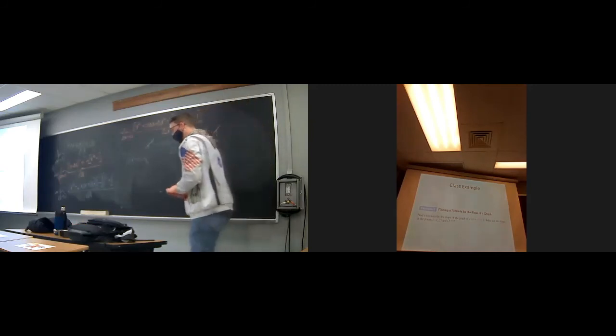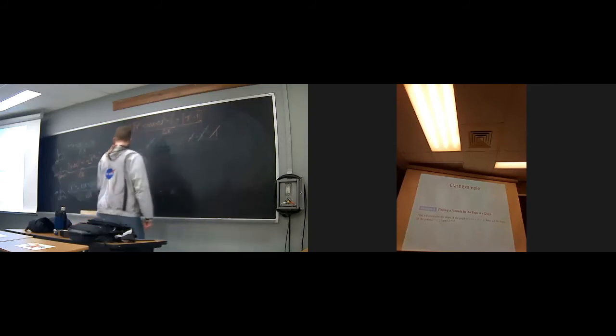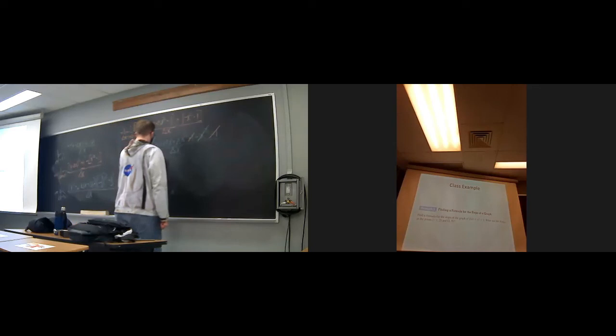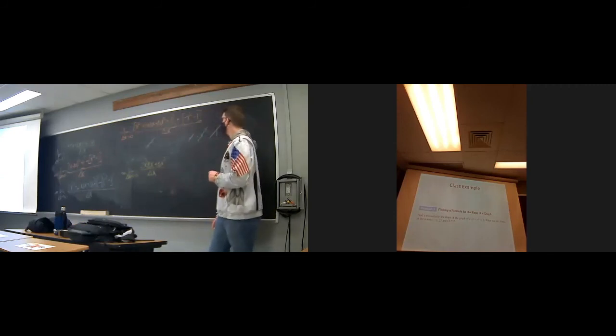Because now we've got the limit as delta x goes to 0 of 2x delta x plus delta x squared all divided by delta x. This looks a hell of a lot better now.